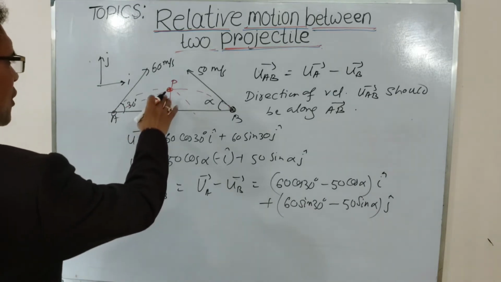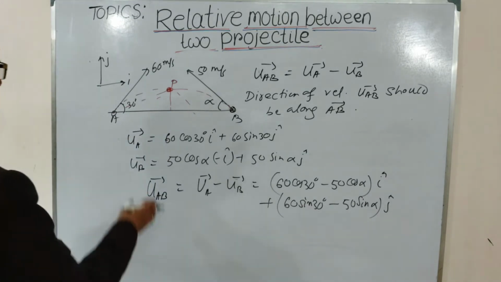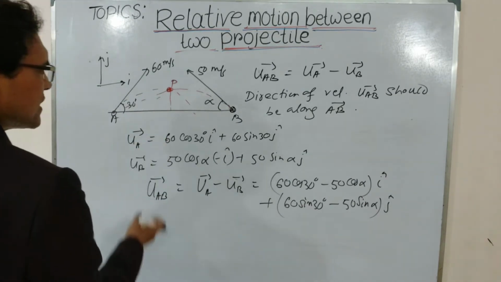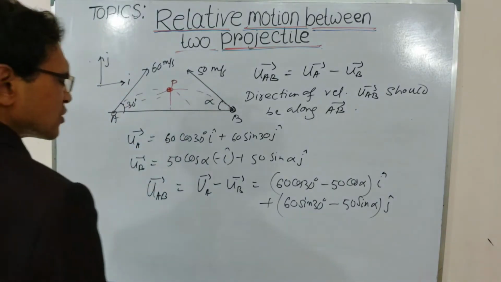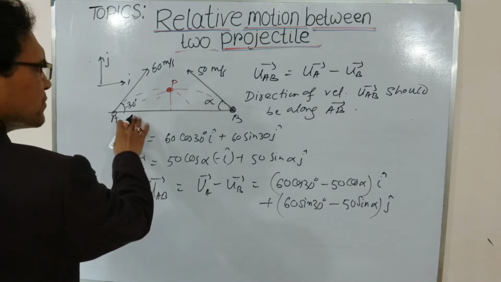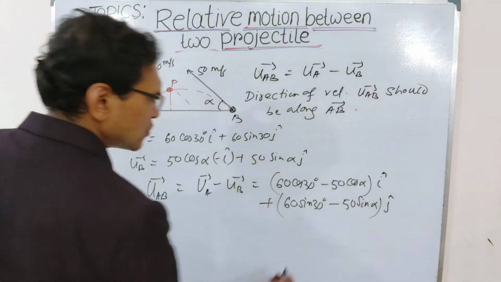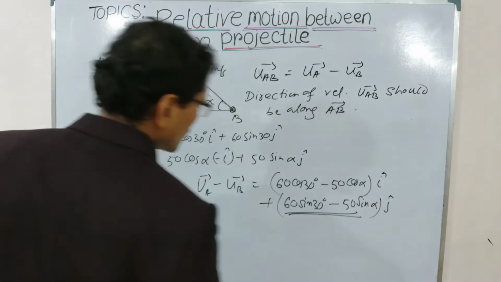What is the condition for the two particles to collide? The direction of UAB should be along AB. So this component must be 0.